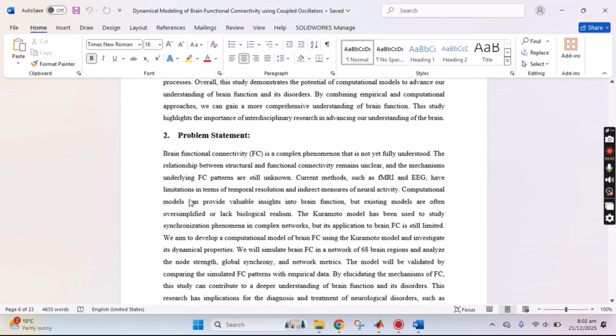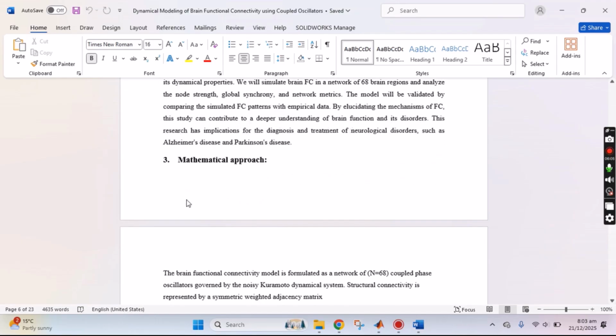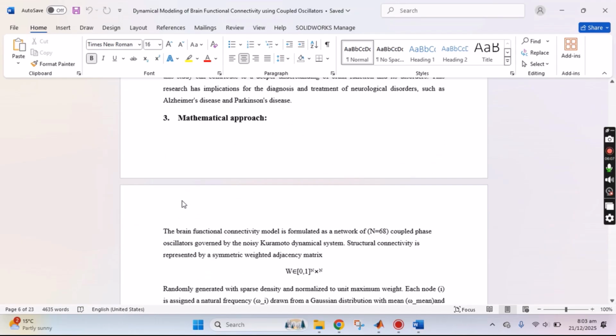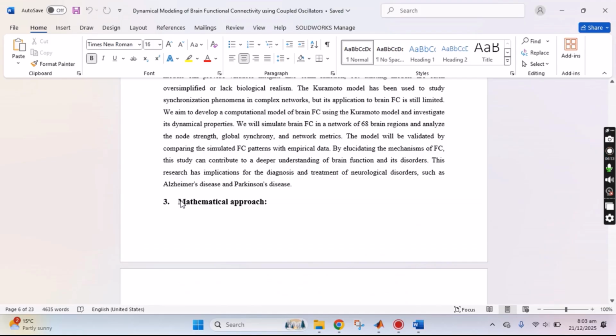The problem statement is that we cannot identify diseases of the brain before the death of the person, so we use this idea to identify the disease along with its treatment.